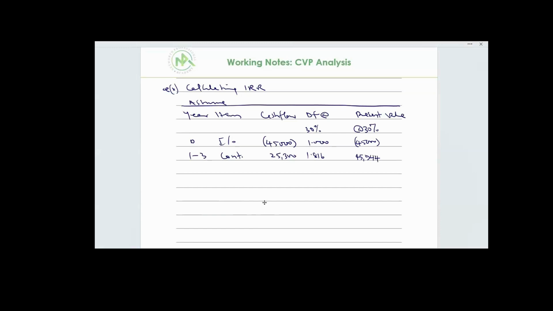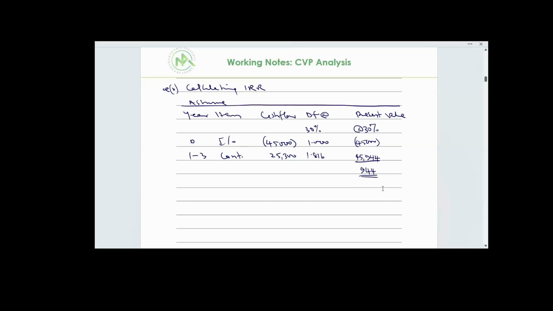When I minus 45,000, I will have positive 944. So my NPV at 30% is positive 944.